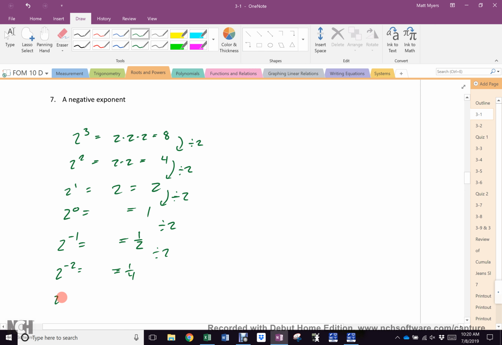If I cut 1/4 in half, I get 1/8. Now, all of you should be noticing a pattern. 2 cubed is 8. 2 to the negative 3 is 1/8. 2 squared is 4. 2 to the negative 2 is 1/4. So what is the rule?